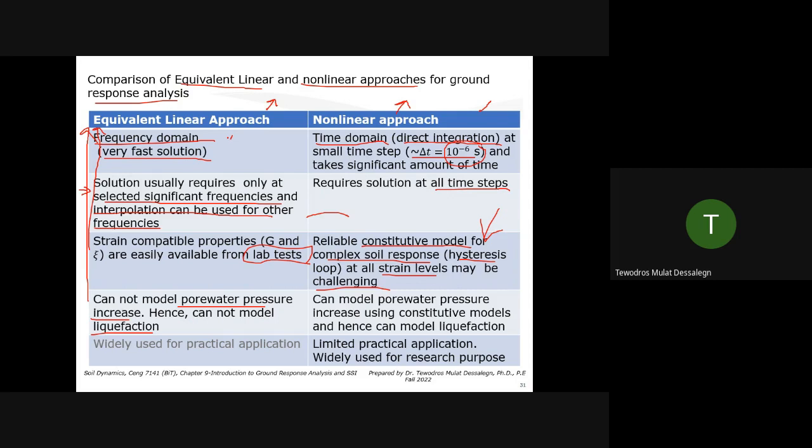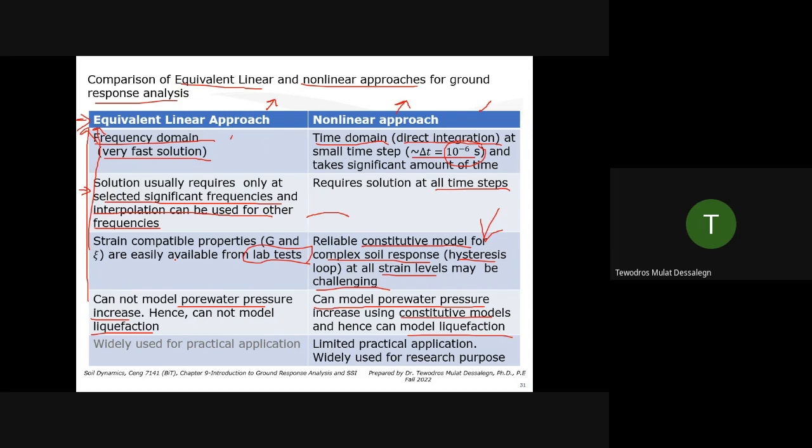If it doesn't liquefy, then our analysis is good. If it does liquefy, what do we do? We do some kind of mitigation. So the equivalent linear approach has to be combined with other techniques to evaluate liquefaction. But with the nonlinear approach, those constitutive models can model pore water pressure increase, and hence can model liquefaction.